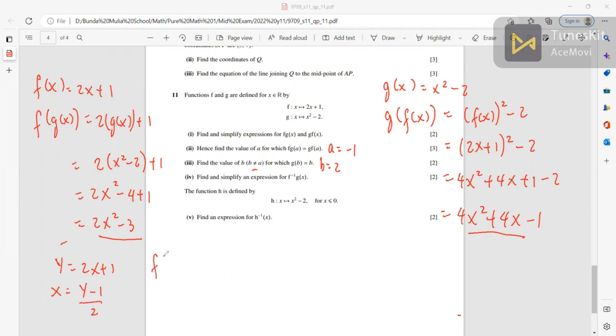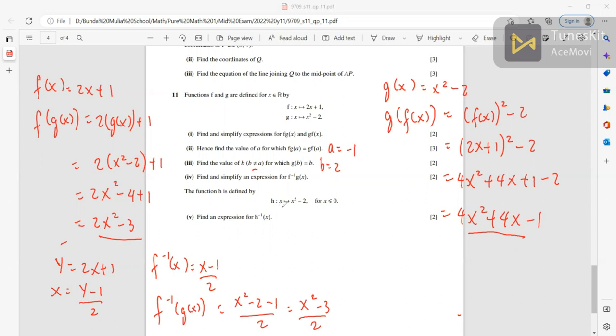So f inverse equals (x minus 1) over 2. And then we change the x to become g(x). So f inverse of g(x) equals (x squared minus 2 minus 1) over 2. So it is (x squared minus 3) over 2. That is for the fourth one.